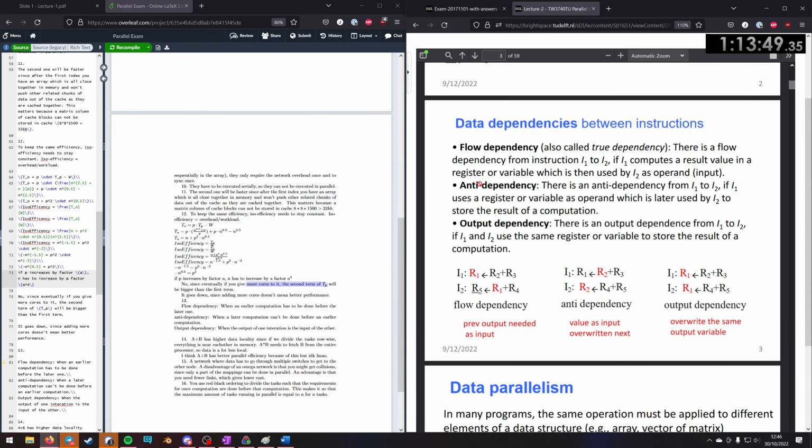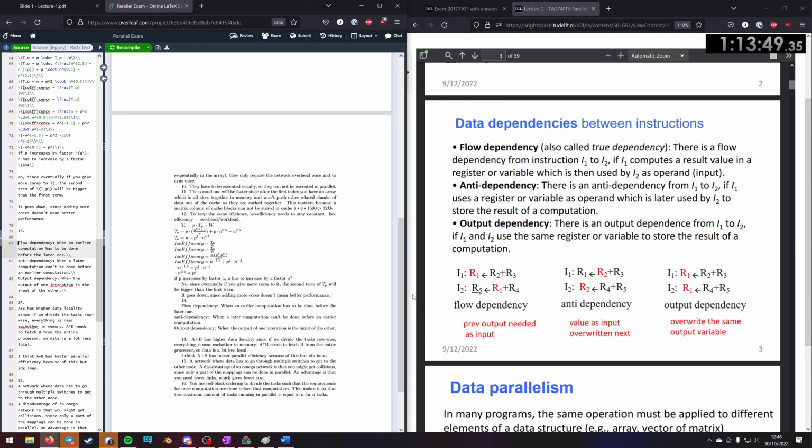Yeah, so that's it. Flow dependency was previous output needed as input. Okay, so flow dependency has to be done before a later one. Yeah, so these are both correct, but it's not giving us the core of the idea.